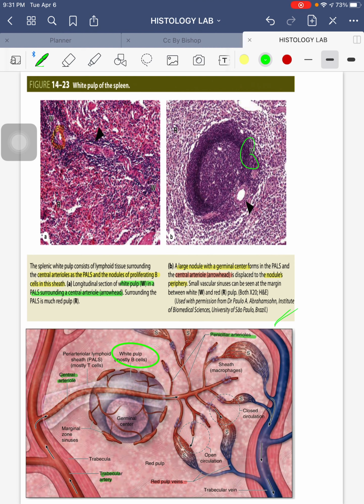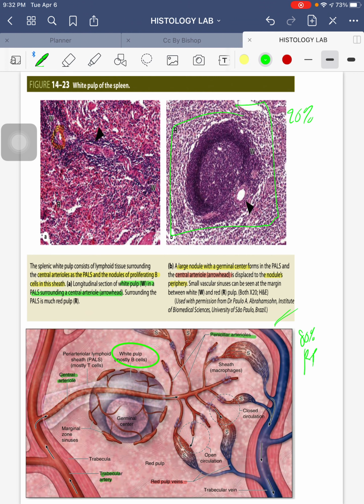Red pulp, so it's mostly red in appearance. So let's start with your white pulp. The white pulp is 20%, and the red pulp comprises 80%. So in your white pulp, this houses your lymphoid tissue, okay?